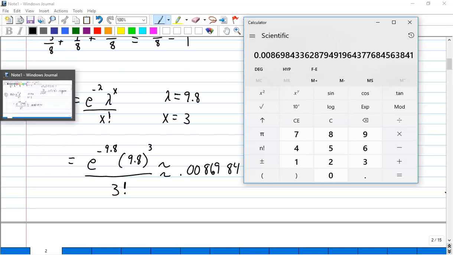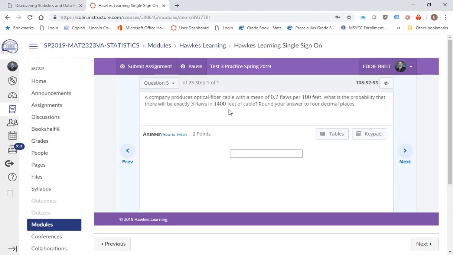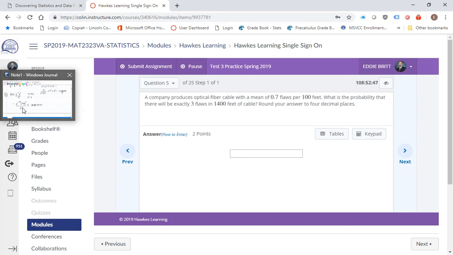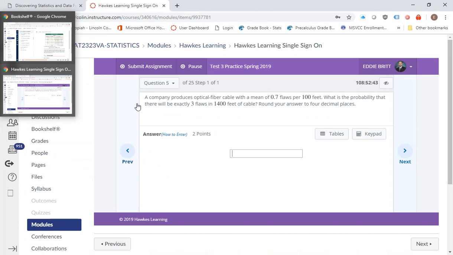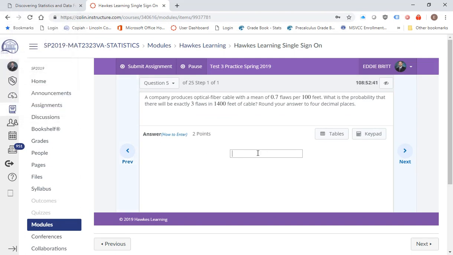Alright, so it wants us to put this answer in 4 decimals. That happens a lot. So let's put this in using 4 decimals. So that would be 0.0087.